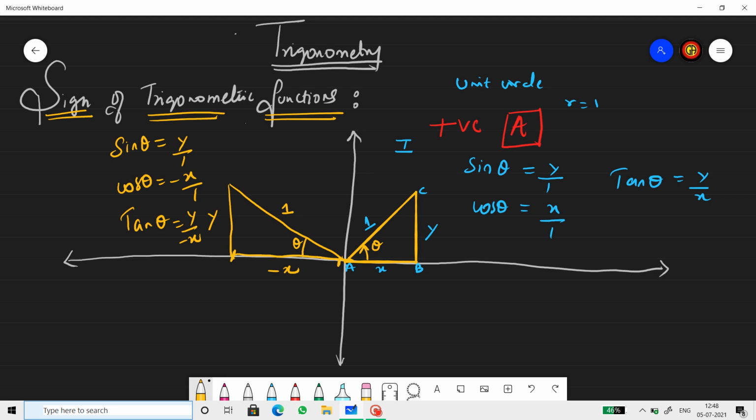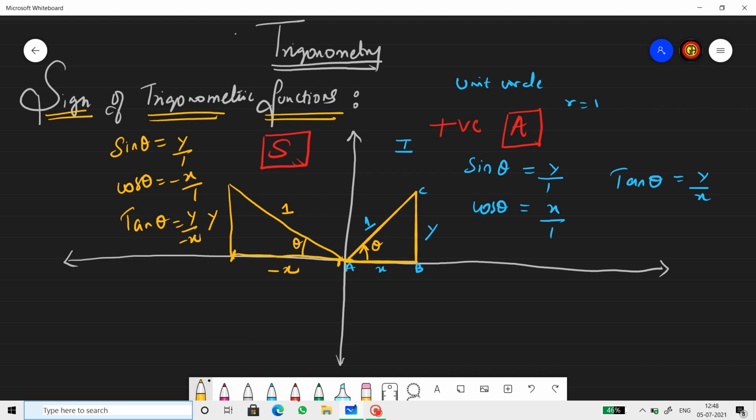So when sine is positive, cosec will also be positive. All the other trigonometric functions are negative here. So let's represent this quadrant by letter S, because sine and cosec are positive in the second quadrant.